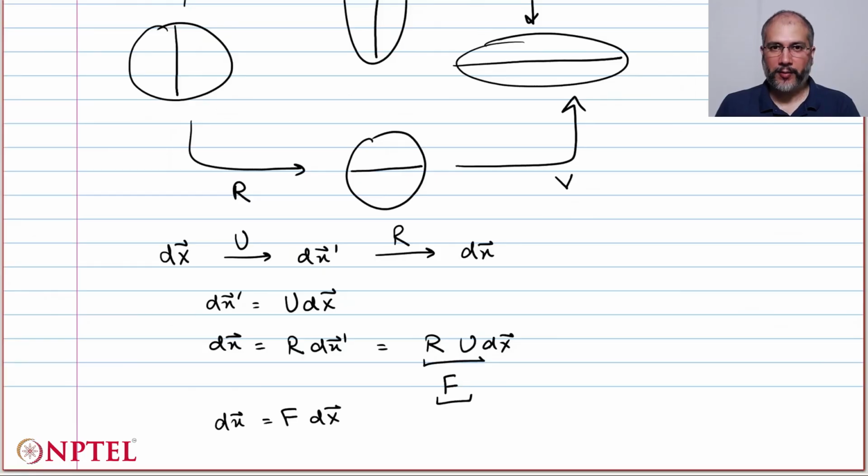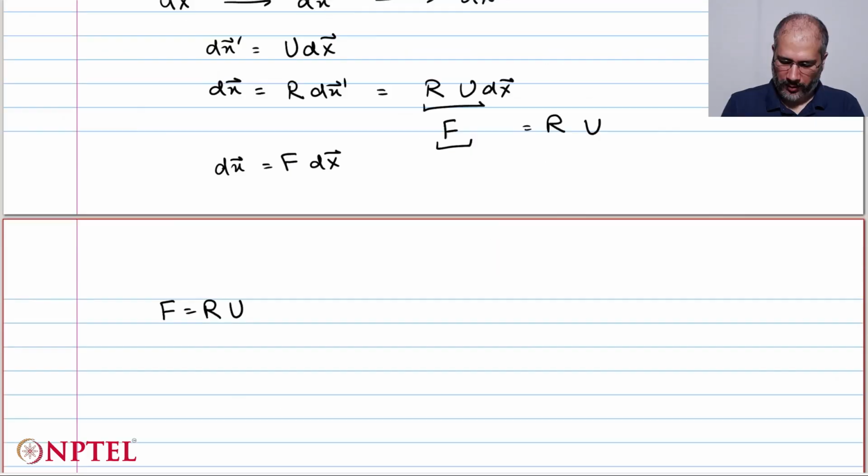So given the availability of F as a starting point, because the deformation is known, we'll want to split this F into an R times U, where R mathematically is a rotation tensor and U mathematically is a symmetric tensor. Without showing the steps, I will write the decomposition here.